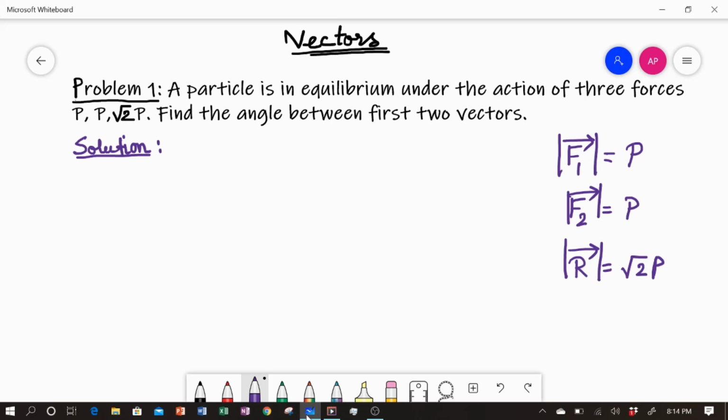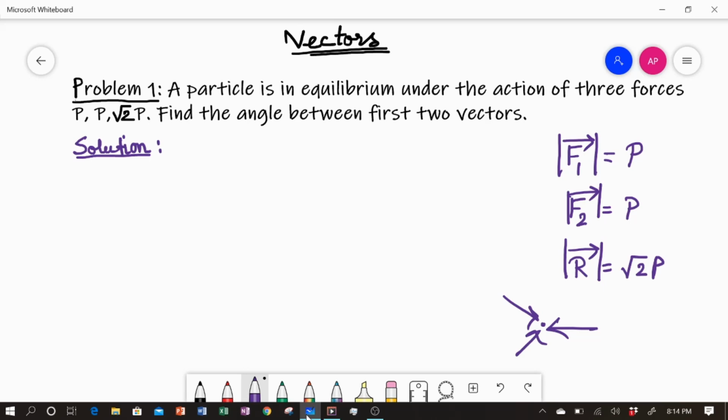And we have the information that these three forces, at whatever angle they are acting, are acting in such a manner that the particle is in equilibrium under these three forces.